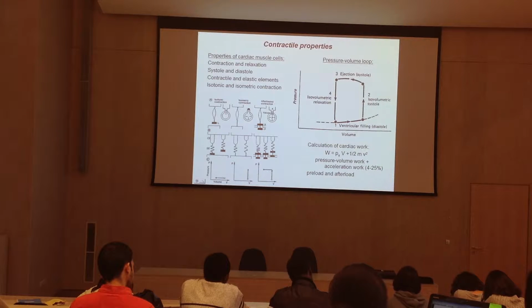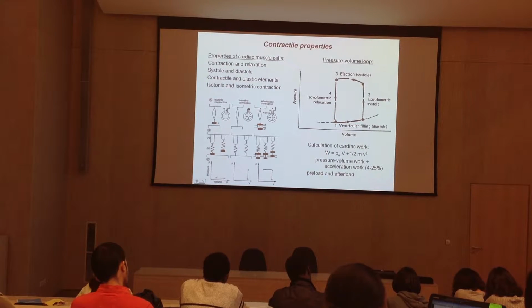If the aortic pressure will be 2 times larger, 240 millimeter mercury, in this case the afterload will be 2 times larger, and the expectation for the cardiac work will be 3 times larger.